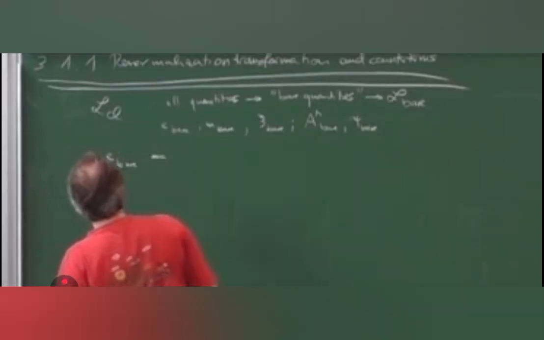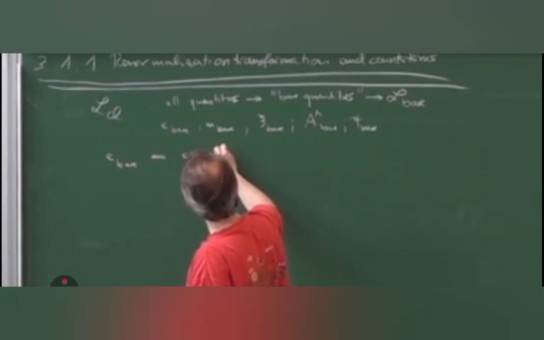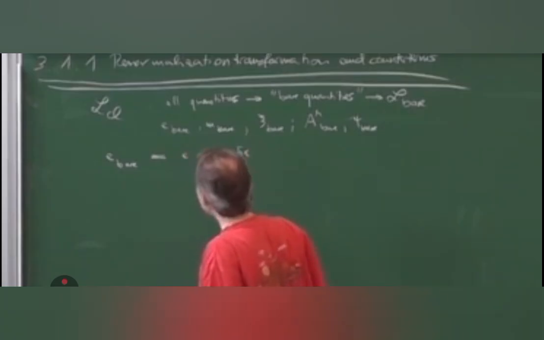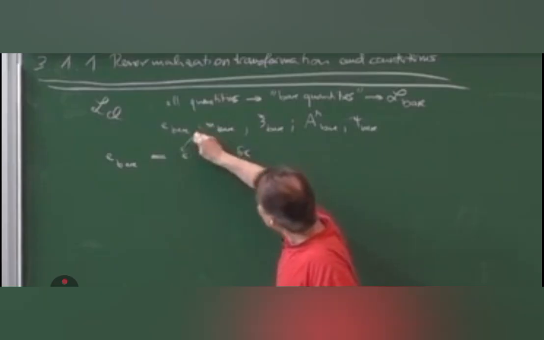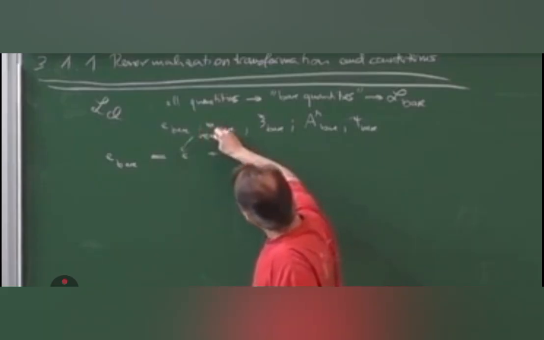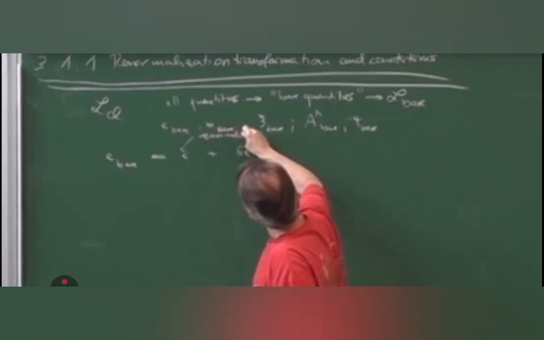So the gauge coupling e bare is written as e plus delta e, where this is now called a renormalized quantity.